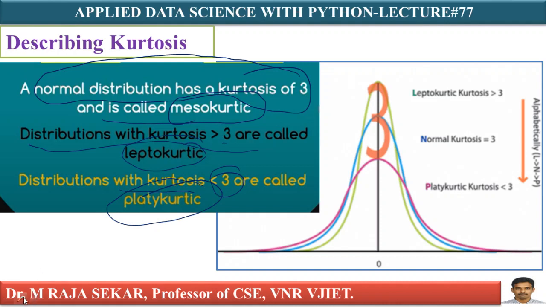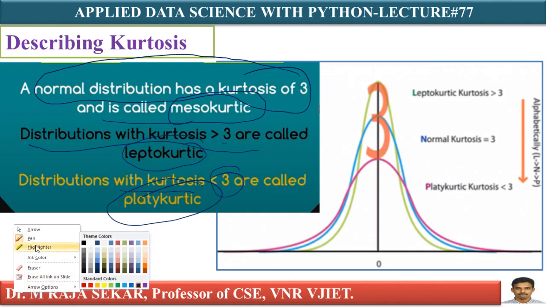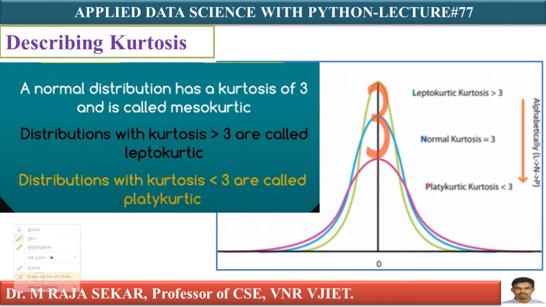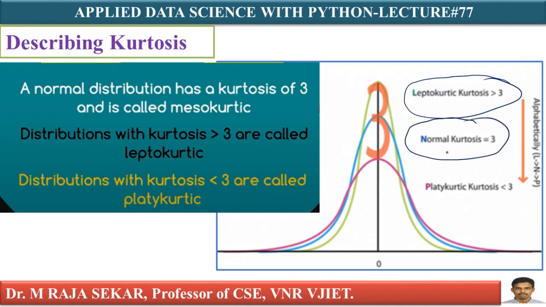These three points are very important. Just compare with 3. Just see this one also. Leptokurtic is greater than 3. Normal kurtosis, meaning mesokurtic, is equal to 3. Platykurtic is less than 3. Isn't it? These are simple and straightforward.